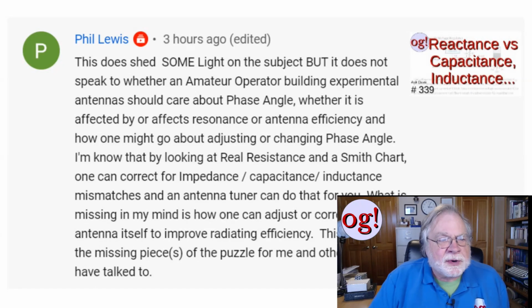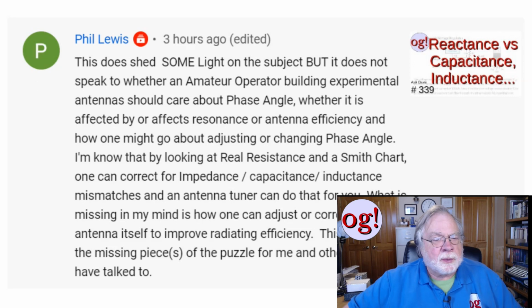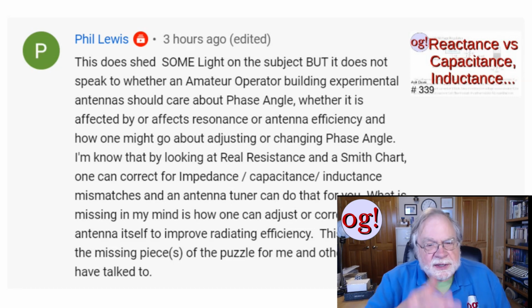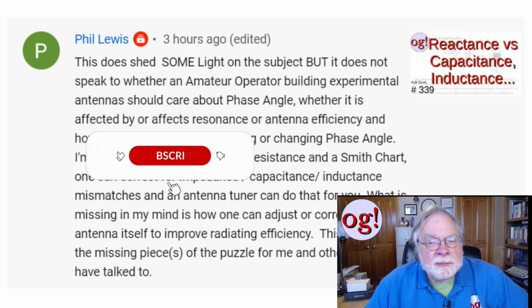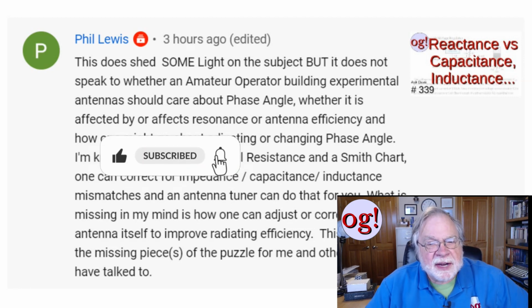Okay, let's begin. This first comment is from Phil Lewis. I picked these off the web a few minutes ago. He's talking about an old video, number 339, about reactance versus capacitance and inductance.